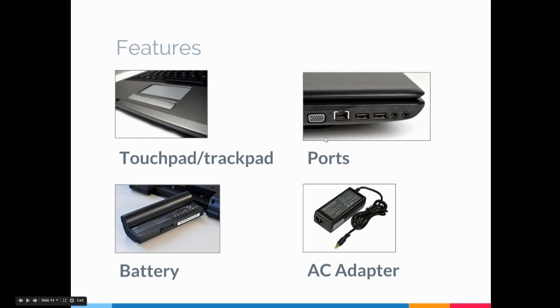And I believe this is an HDMI cord and this looks like an Ethernet cord. My apologies, not really sure on that yet. But the USB ports allow you to connect a mouse if you want to, so you don't have to use the touchpad or trackpad. You can also connect flash drives to transfer information. You can also connect the peripherals that we talked about, so the printers and the scanners.